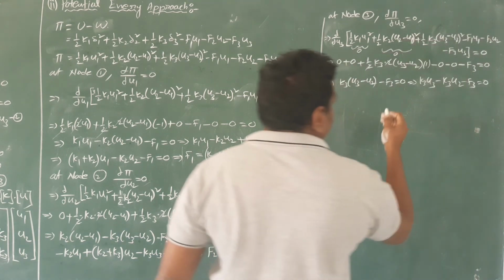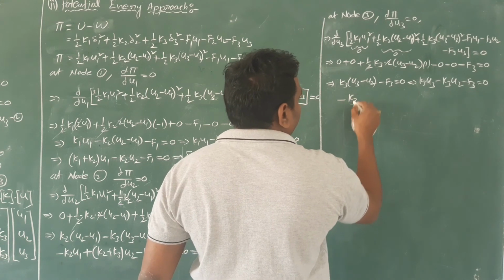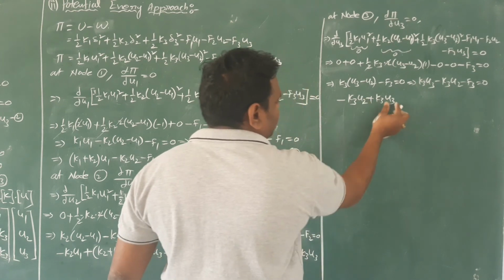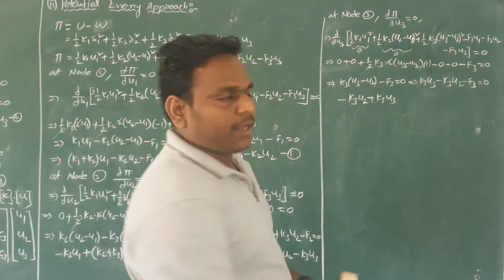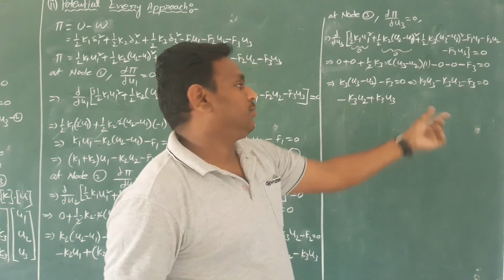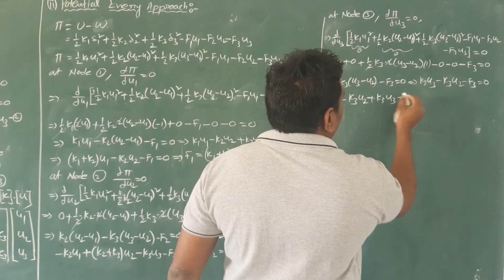So simplifying this, I will write this equation in some arrangement, taking the order u1, u2, u3.